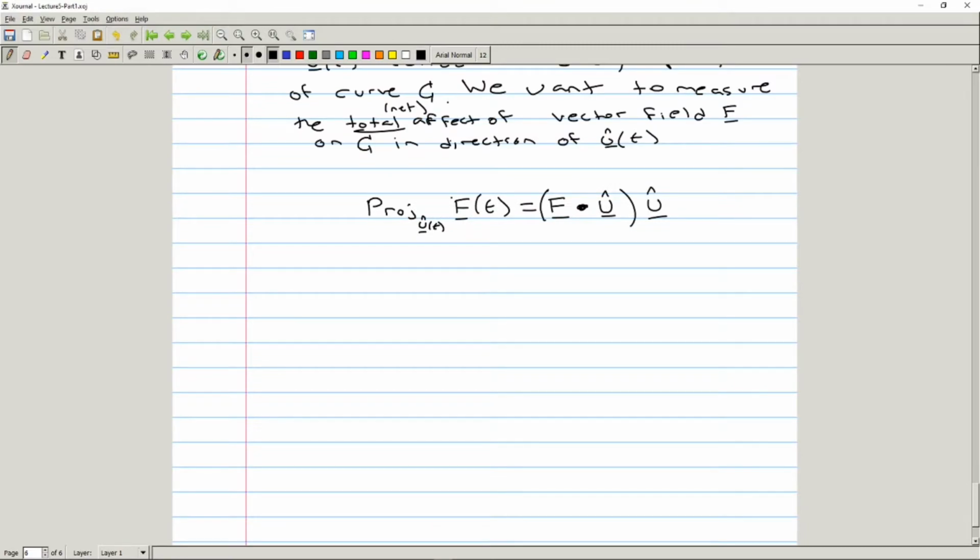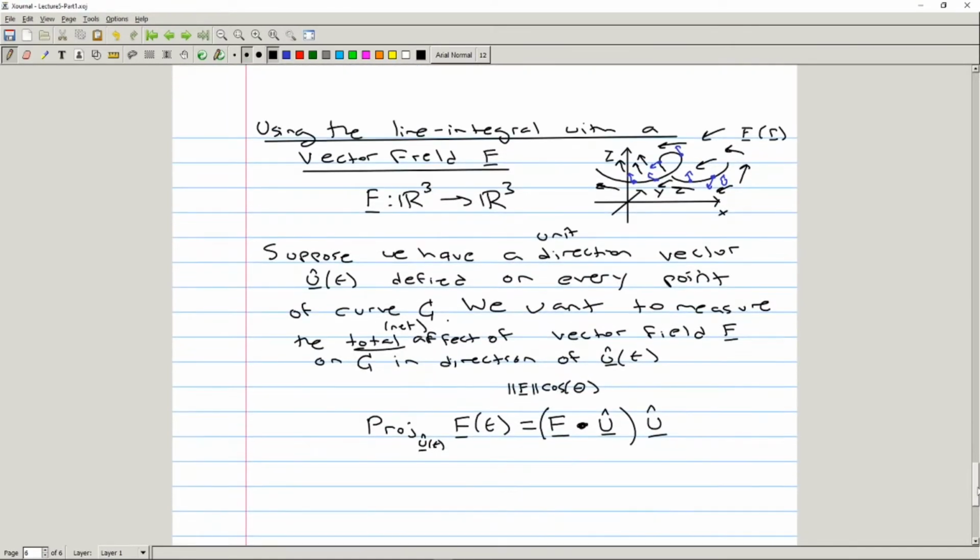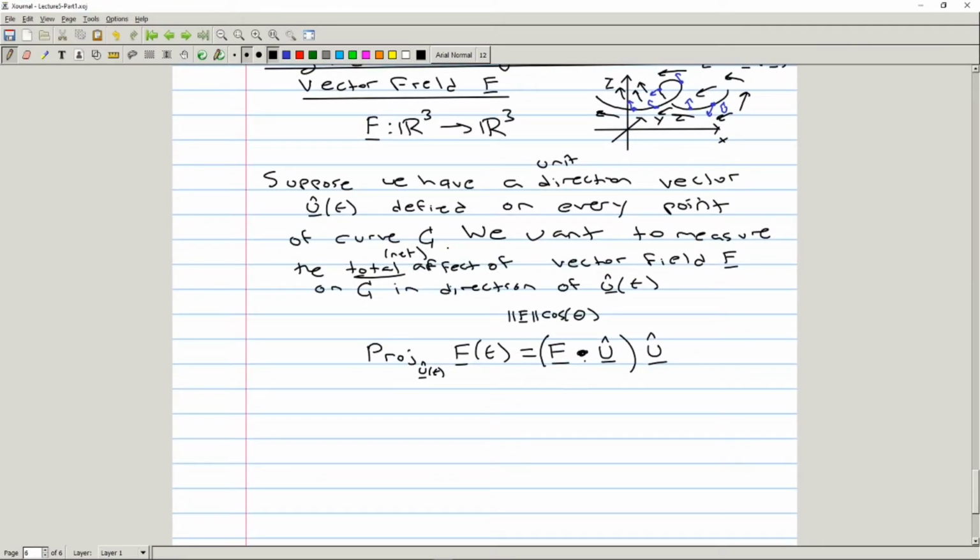This will give you that f dot u hat is just going to be the length of the vector field f cosine theta, where theta is the angle between u hat and f. This gives you whether the projection's positive or negative, and it really just gives you the component of f in the direction of u hat. Remember, f here is a function of t, and u hat is also a function of t.